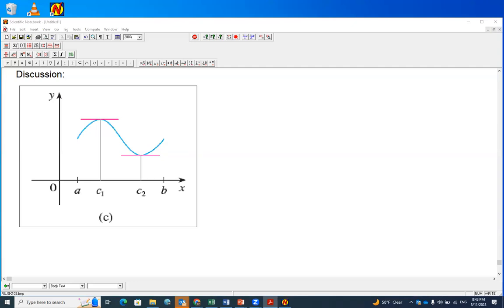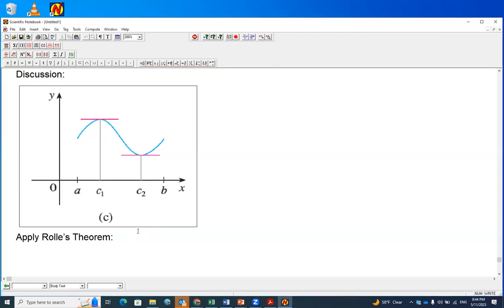Now let's try some of the homework questions. Let's apply Rolle's theorem here. We're going to look at some homework questions. One of the homework questions I have selected, we did number 12 in class, so maybe we do it again.